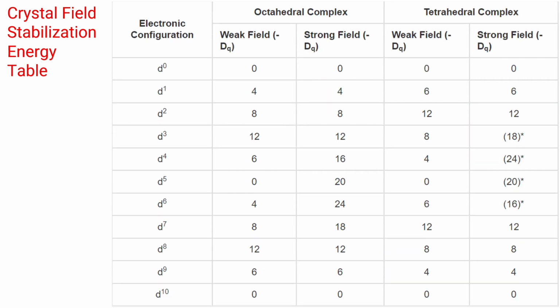Coming to the crystal field stabilization energy table, here you can see the different cases. I'll solve 2 or 3 examples for you. First we'll solve high spin complexes only, starting with the d1 configuration.